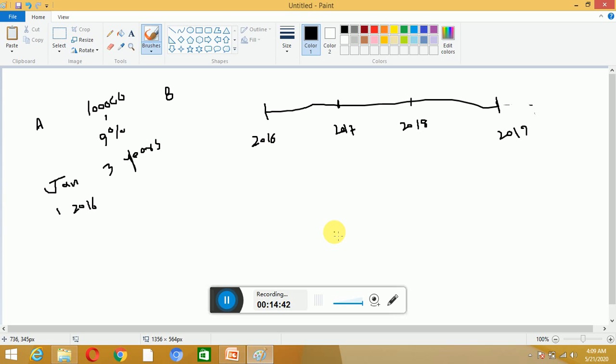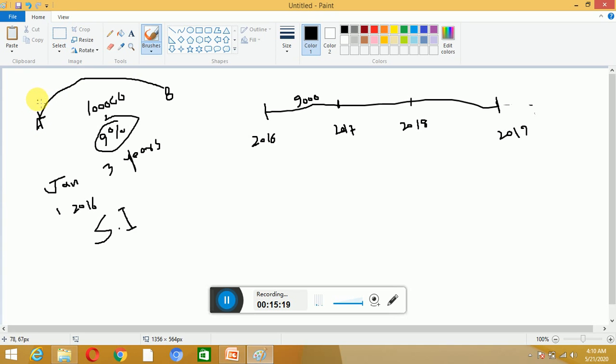Now A gives a loan to B. B agrees to a 9% interest, but this interest is simple interest. So now, after 1 year, he used my assets, he will pay me 9%. So 9% means $9,000. So B will pay $9,000 to A at the end of the first year.